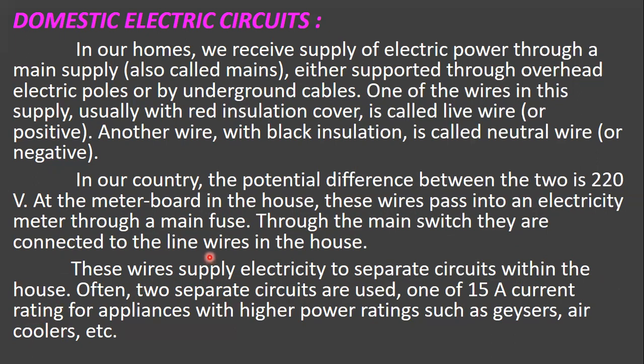See, children, in our homes, there will be separate circuit connections, and these wires will supply the electricity to the separate circuits within the house. And often two separate circuits are used. One is of 15 ampere current rating for appliances with higher power rating, such as geysers, air coolers, etc. See, children, the geysers and air coolers require high current.